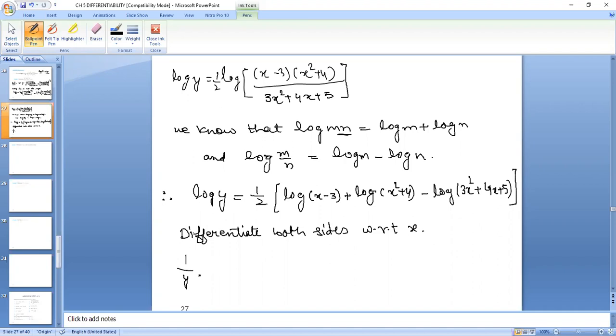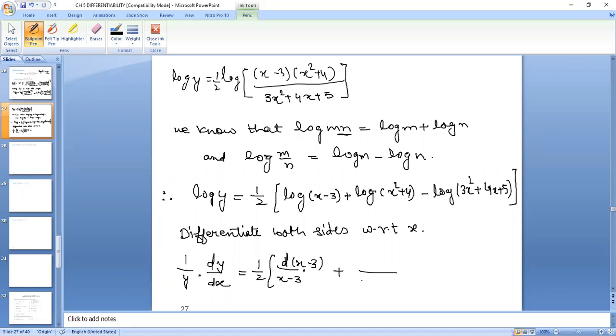So the derivative of log y is 1 upon y into the derivative of y, which is dy by dx, is equal to 1 upon 2 times 1 upon (x minus 3) into the derivative of x minus 3. Base function derivative is equally important.